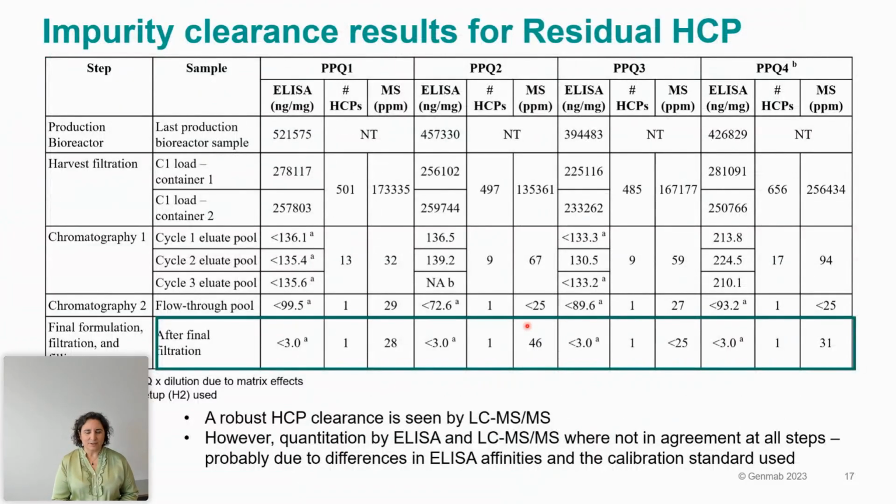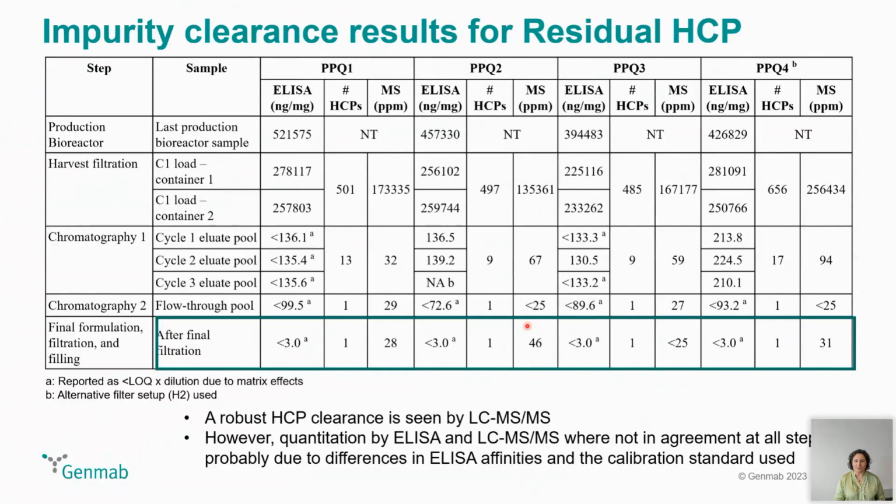And here are the results. Sorry for having a very busy slide. I will try to guide you through it. We have the 4 PPQ batches, and in the first column we have the ELISA results. In the second column we have the number of HCPs, and in the third column within each PPQ batch, we have the MS results as a quantitative result.